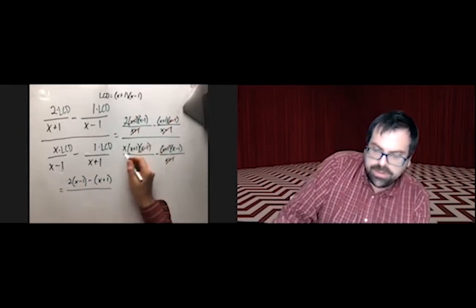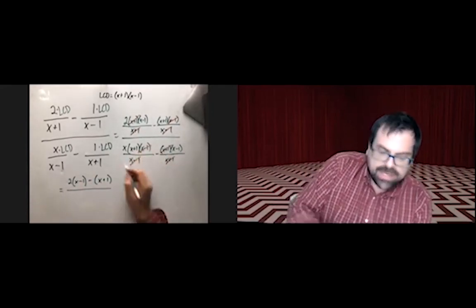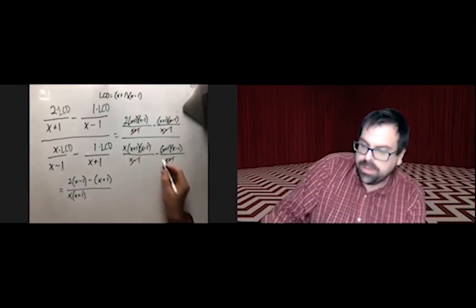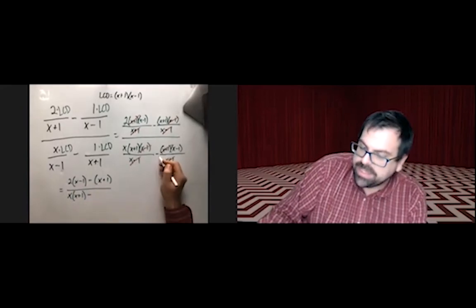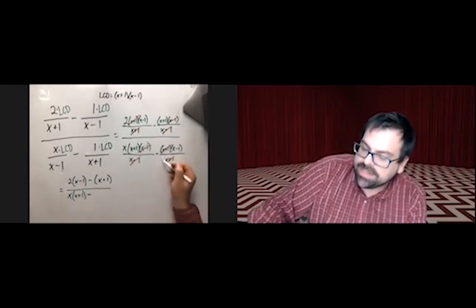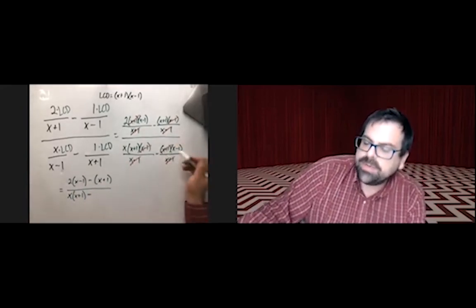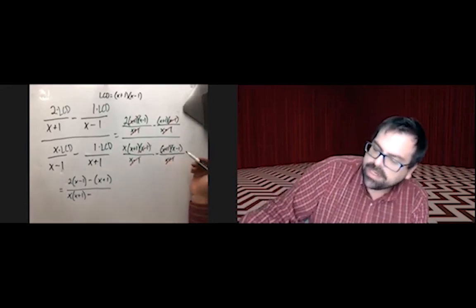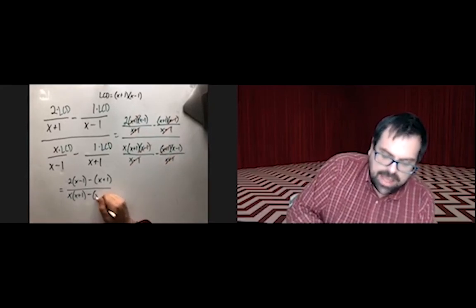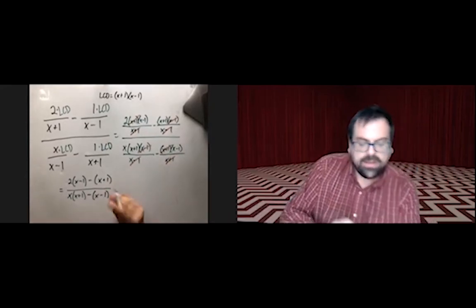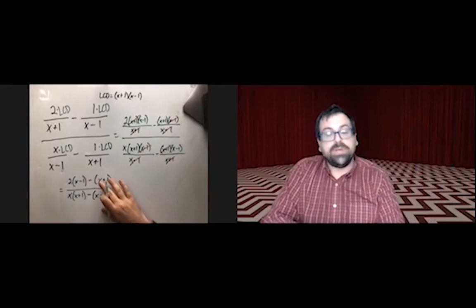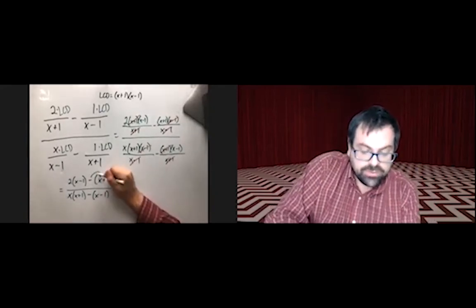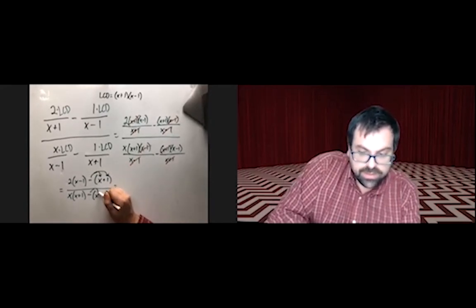On the bottom left is just x times x plus 1. We are subtracting, since it was subtracting the entire fraction, we're subtracting what this fraction reduced to, which means we're subtracting the entire in parentheses x minus 1. So the parentheses are very important here. Why? Because we distribute the negatives.